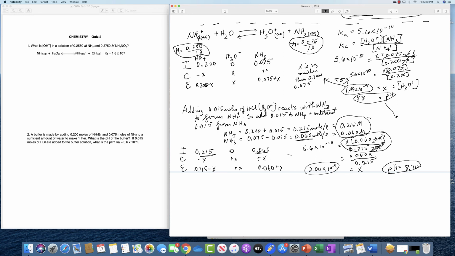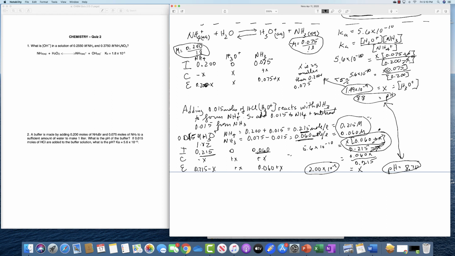Now, what this is supposed to show you is, despite the addition of a pretty meaningful amount of acid, if you just added this to a liter of water, so that it was 0.15 molar hydronium, the pH of that would be about 1.82.